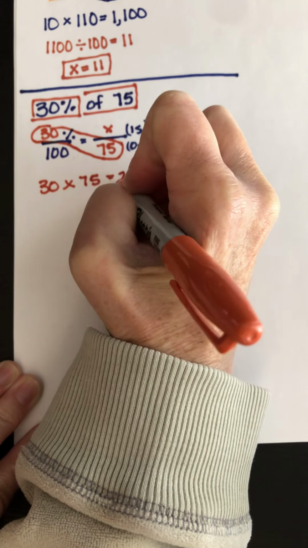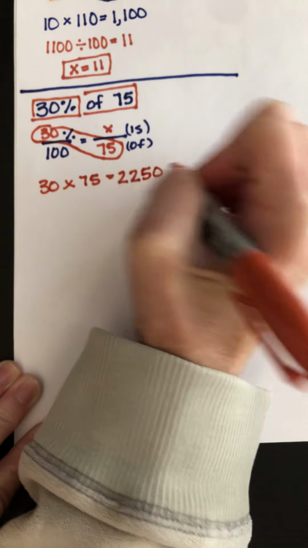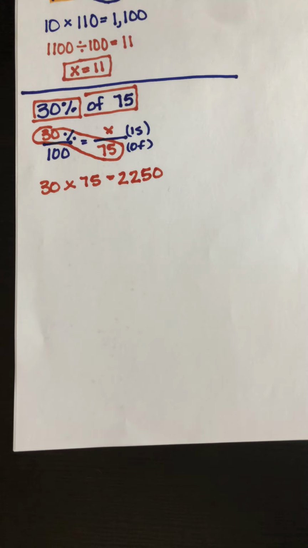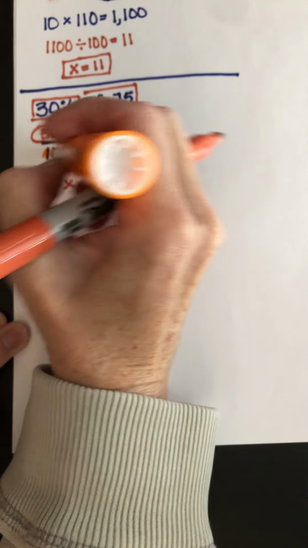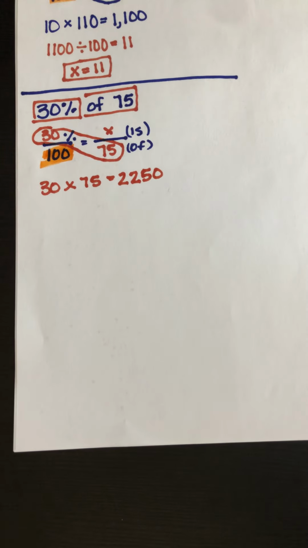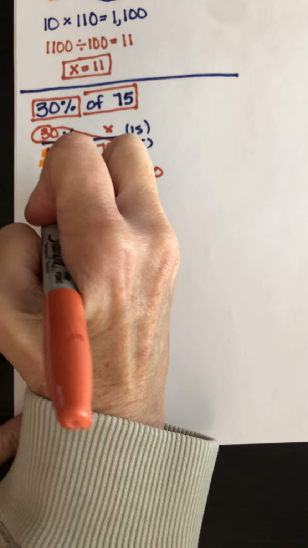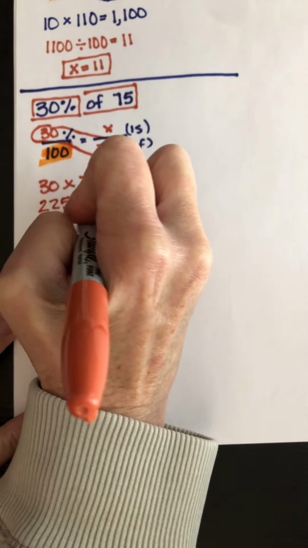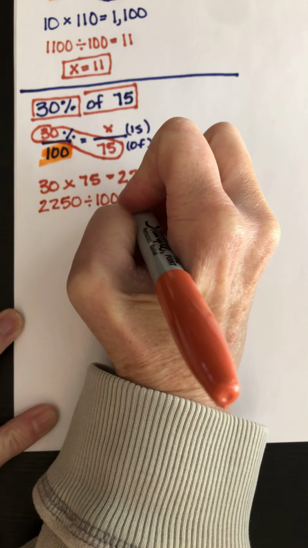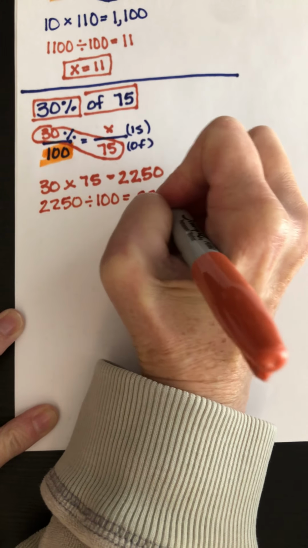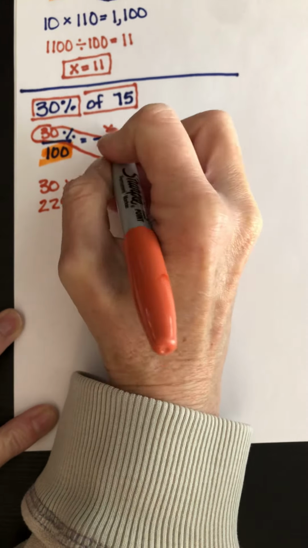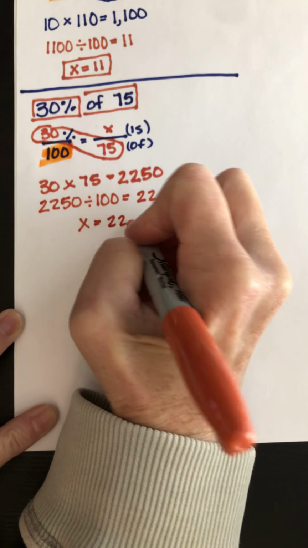That equals 2,250. And then you should have divided by 100. So 2,250 divided by 100 equals 22.5. So x, my unknown, is 22.5.